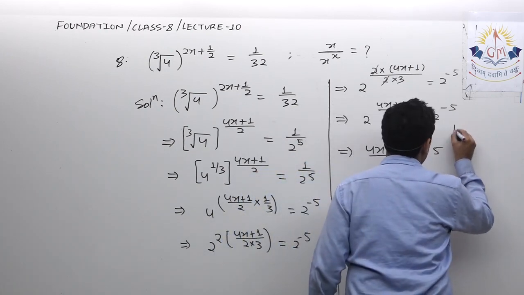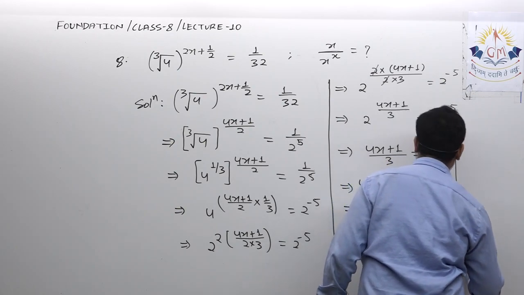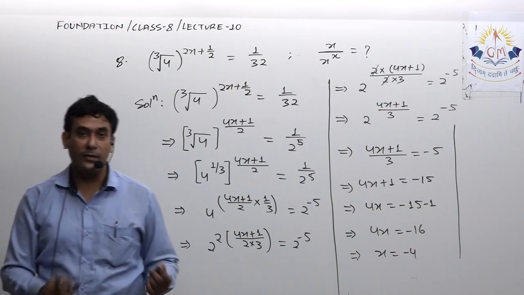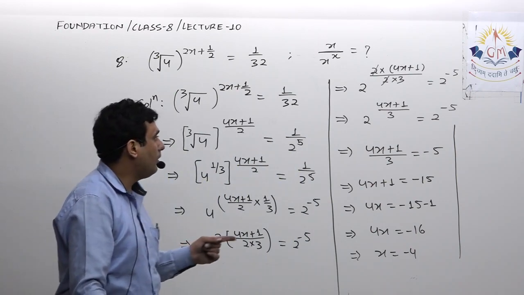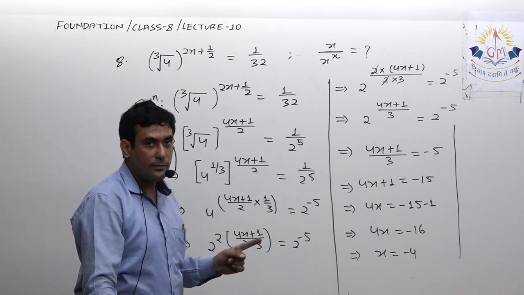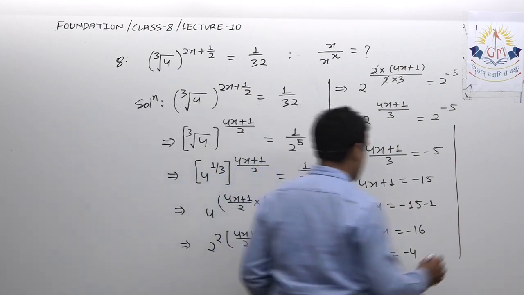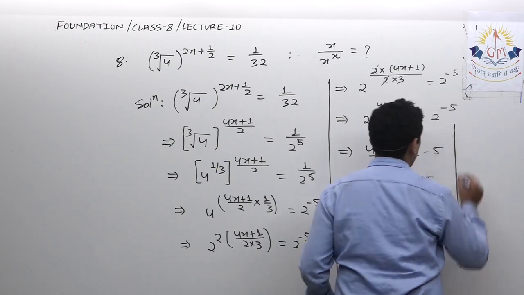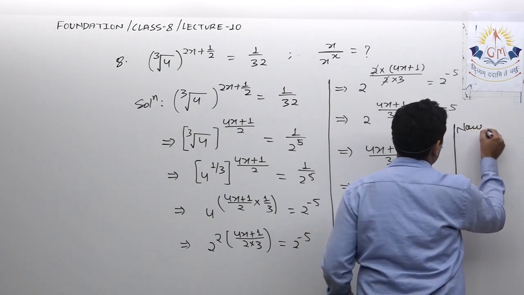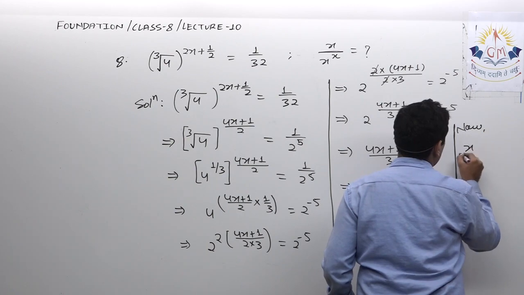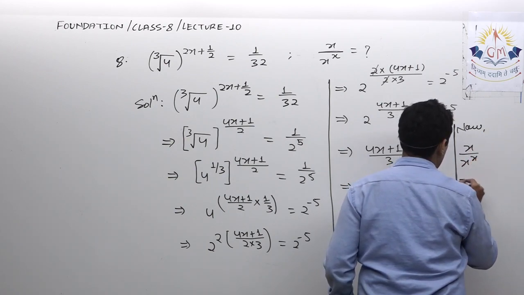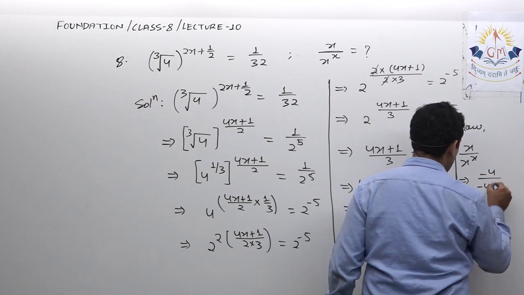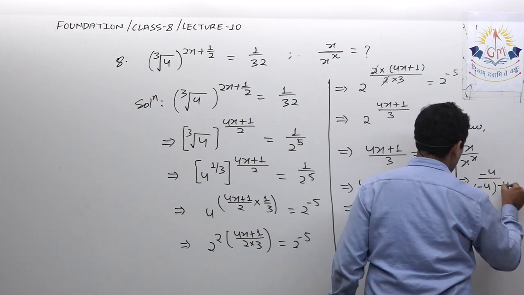But this is not my answer, because in the question they are not asking to get the value of x or to find the value of x. They are asking that find the value of x upon x raised to x. So now just I will put the value of x. So now x upon x raised to x is equal to minus 4 upon minus 4 raised to minus 4.